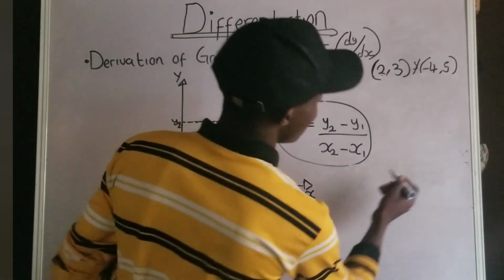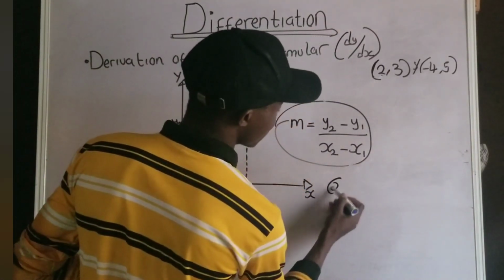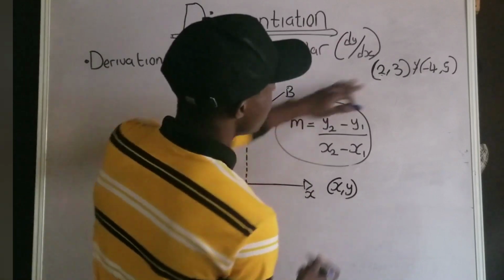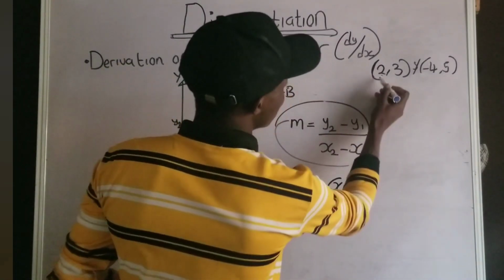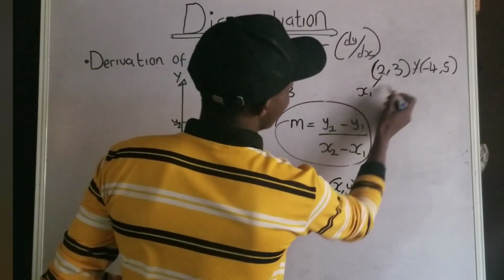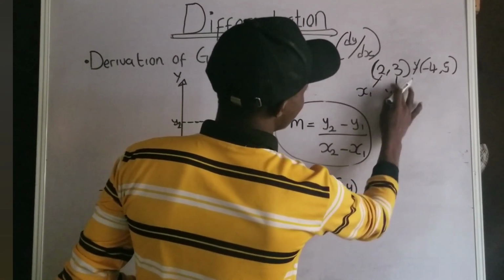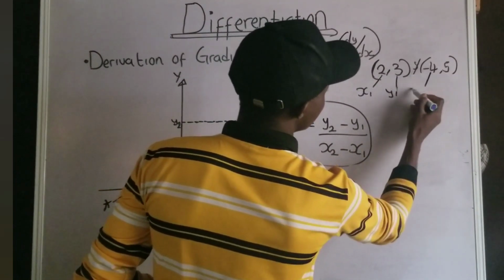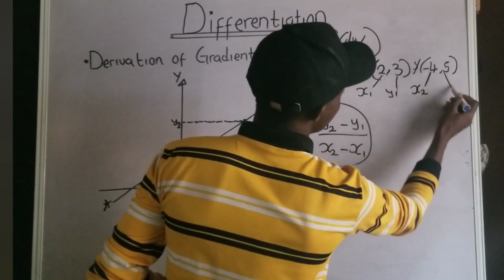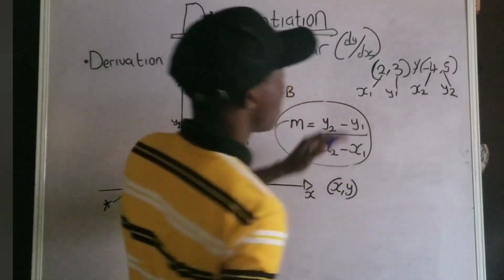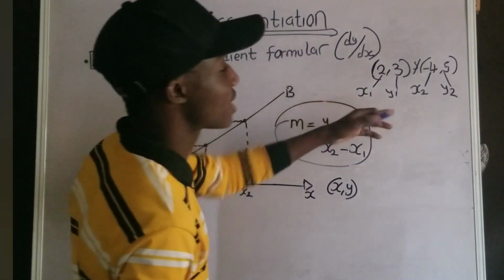A point always has x, y. So this one will be x1, and this one will be y1, and for this, x2, and this will be y2.